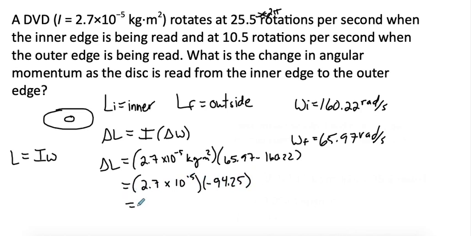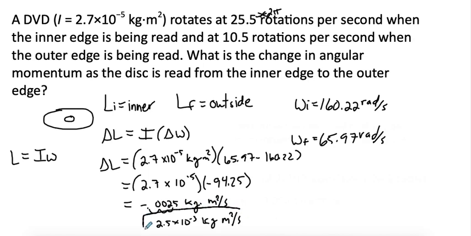And then we'll finish this out. And we get negative 0.0025 kilograms times meters squared per second for our change in angular momentum. If we wanted to do scientific notation just to follow suit there, we'd move our decimal place 1, 2, 3, so it'd be between the 2 and the 5. So negative 2.5 times 10 to the negative third kilograms times meters squared per second.